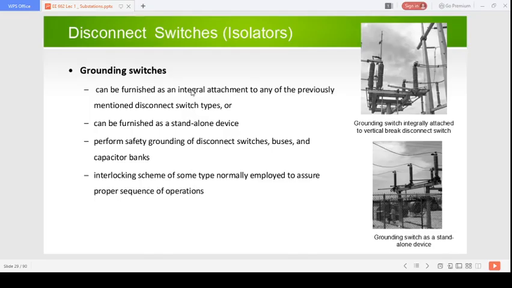So all the grounding switches use an interlocking mechanism with whatever they are connected to, maybe the isolator or maybe the bus bar, to make sure that the proper sequence is followed when operating.